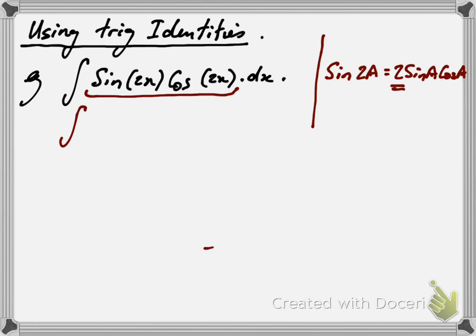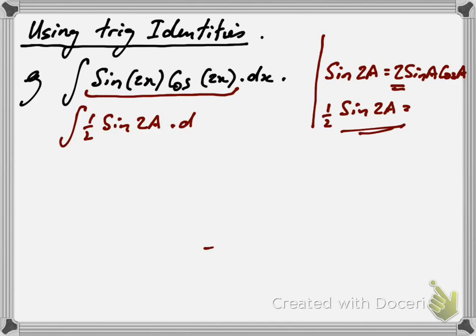There's a 2 here which we have to adjust. So if we take the 2 to the other side, it becomes half sine 2a is equal to sine a cos a. Because you've got a sine a cos a, there's no 2 there. So we can substitute and end up with a half sine 2a dx.